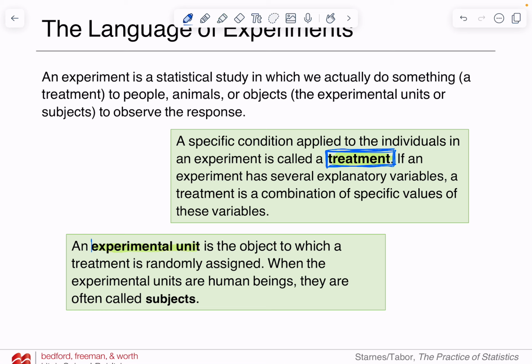So we call them subjects if it's people. But if I'm doing an experiment on plants and I want to know if different amounts of fertilizer will have an effect on the plant, okay, or different amounts of water will have an effect on the plant, the plant would be the experimental unit. And the different amounts of fertilizer or the different amounts of water would be the treatment.